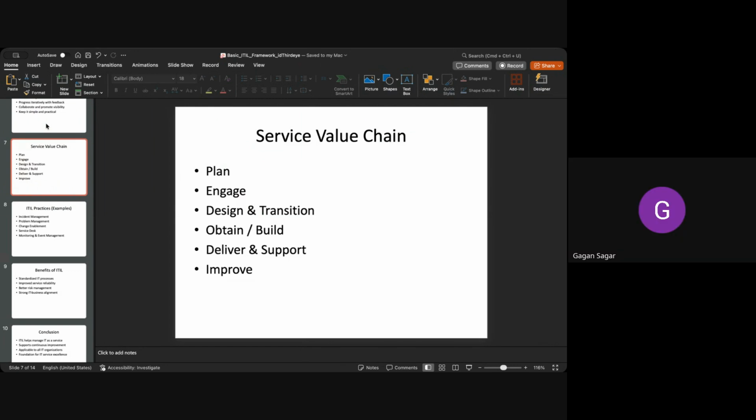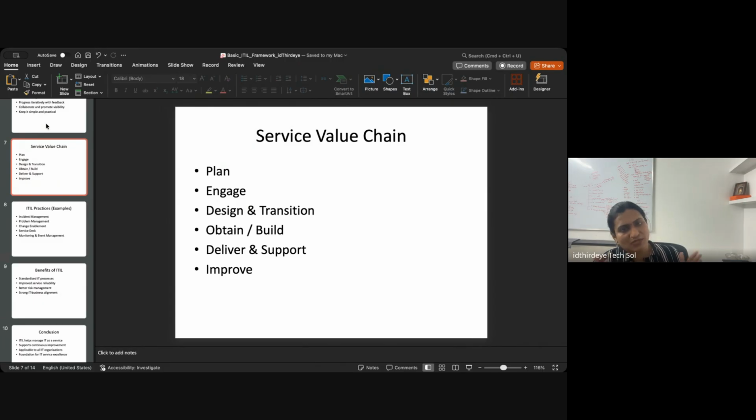In the future, once everything is ready and you are already delivering and providing the support, this improvisation is needed in order to give a better delivery or better support. This is called continual service improvement.